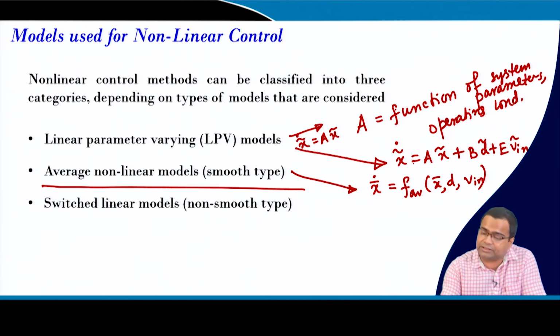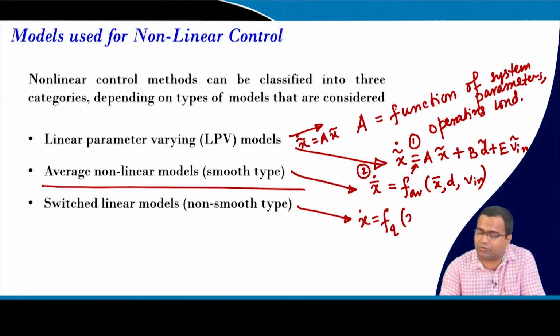So, the difference between these two, the first one and the second one. And what is the third one? The third one is x dot, which is the actual switching converter.